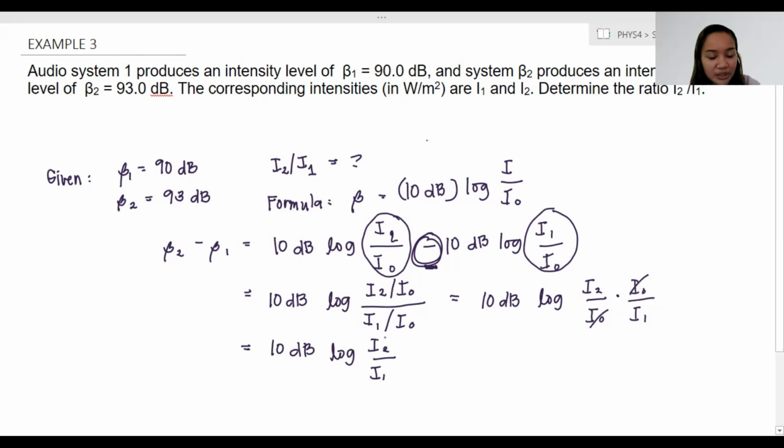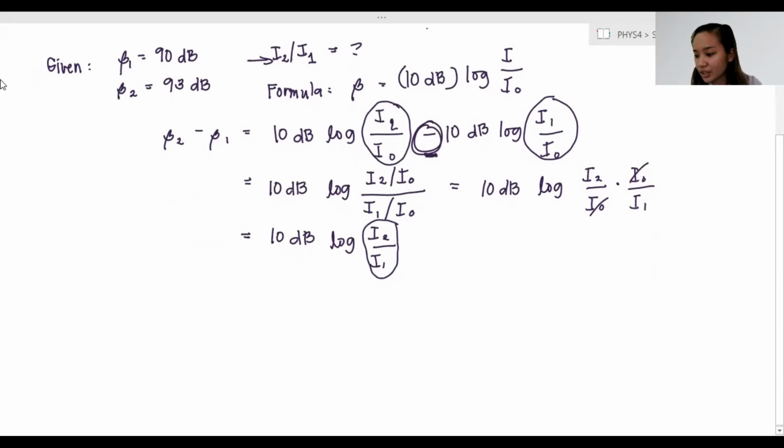Now since our goal is to look for the value of this ratio, this is what we are looking for. We are going to transform this equation. So our beta 2 minus beta 1, I will substitute the values first: 93 minus 90 equal to 10 dB log of I2 over I1.